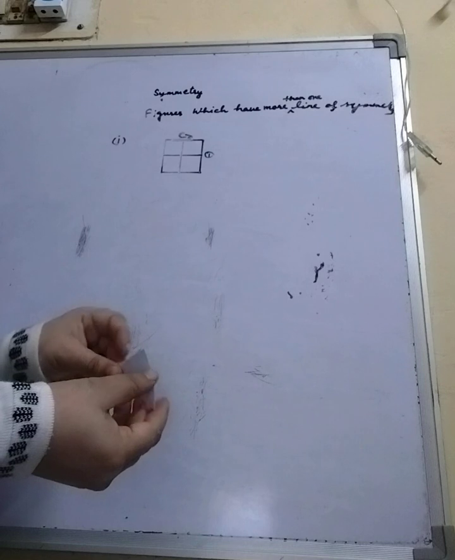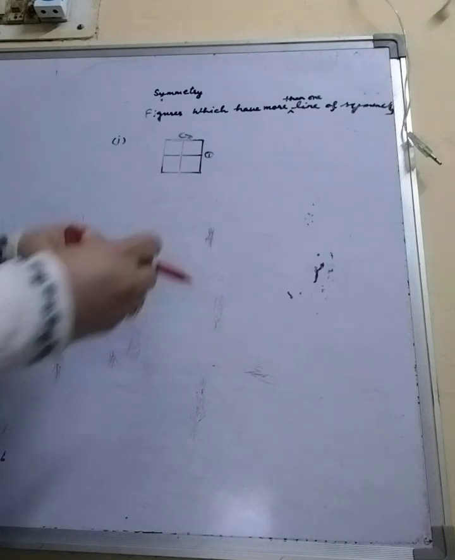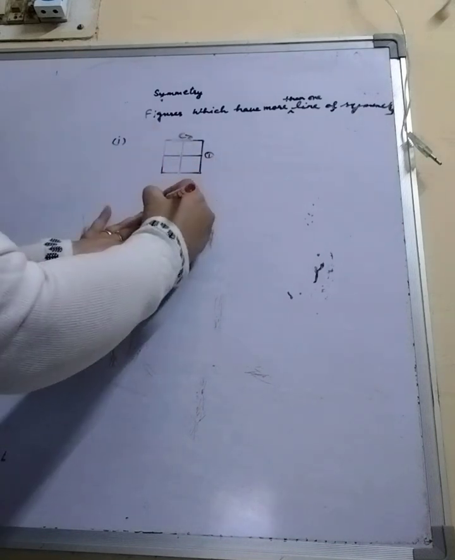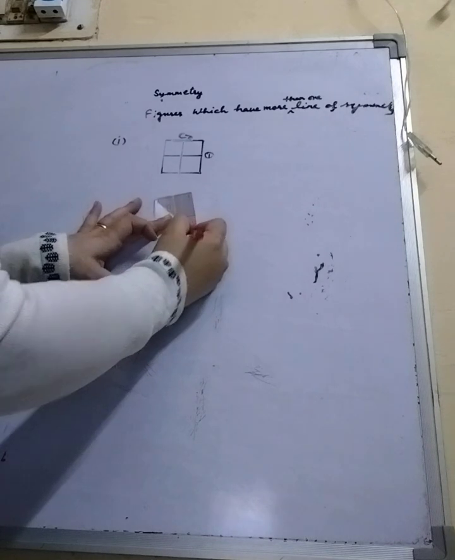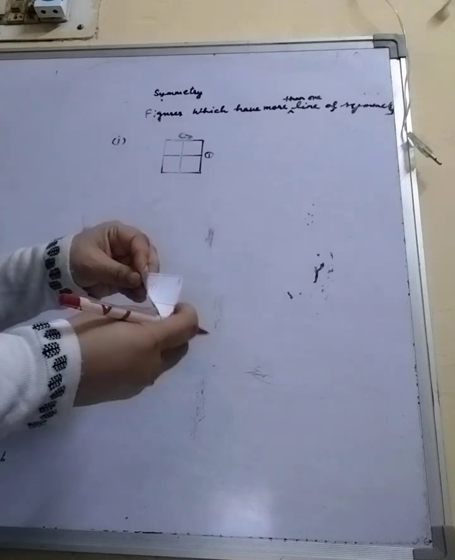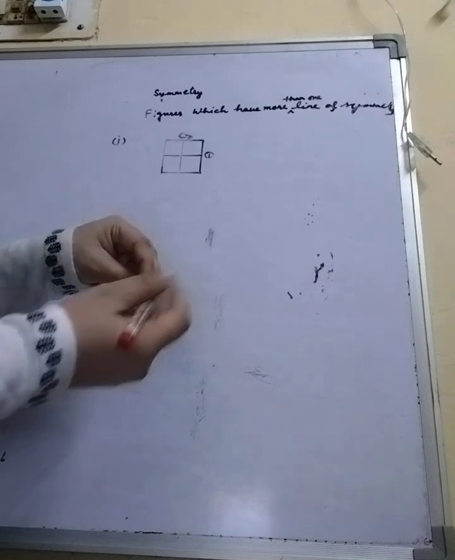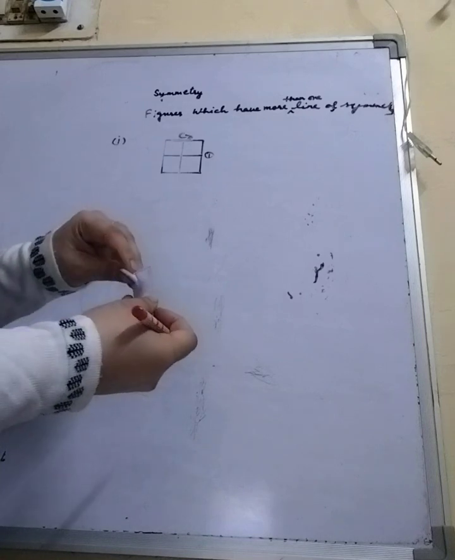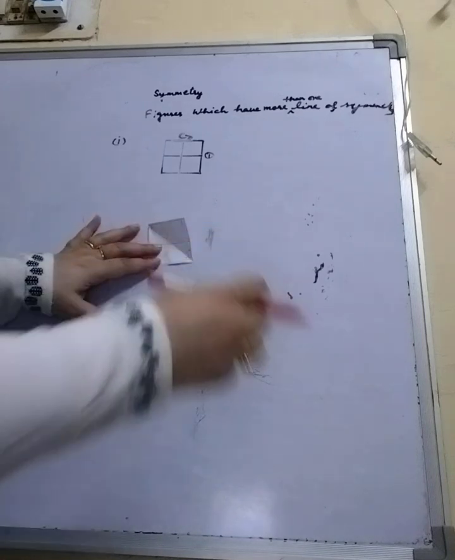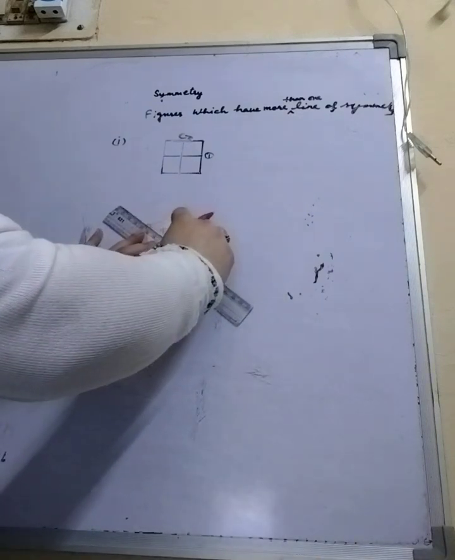So what is the line of symmetry that I get? The line of symmetry here is, see, I am folding, suppose I give it a name A, B, C, D. When I am folding along AC, my overlapping vertices are B and D. So what is my line of symmetry? Line of symmetry would be this part where you have folded the paper.